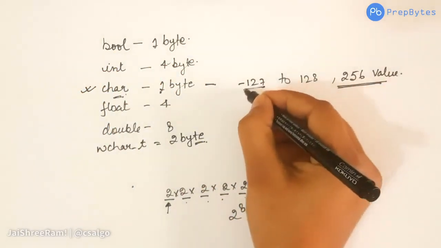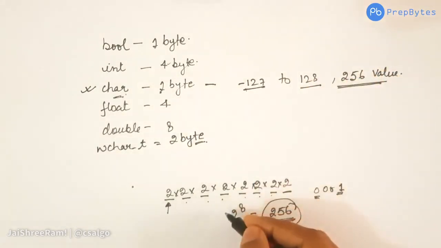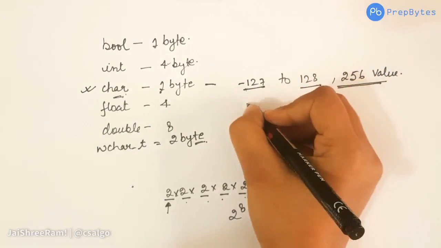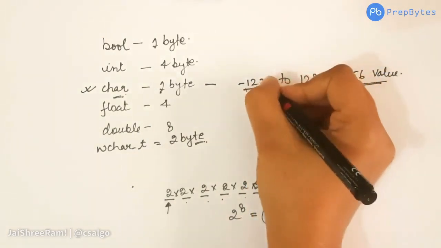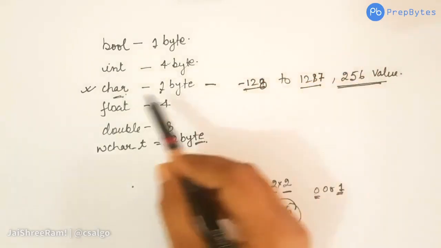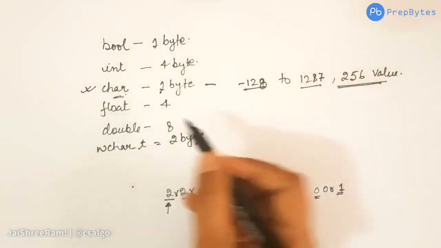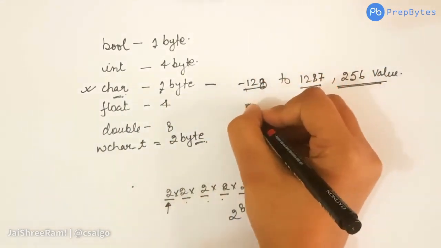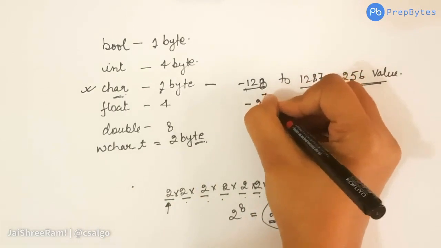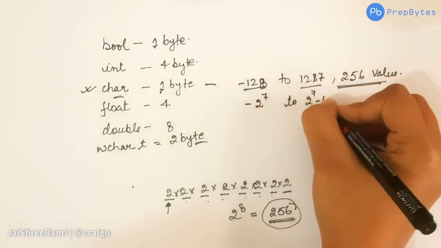So this range -128 to 127 again comes from here only. Generally for any data type, the range of numbers goes from -2 to the power 7 to 2 to the power 7 minus 1.